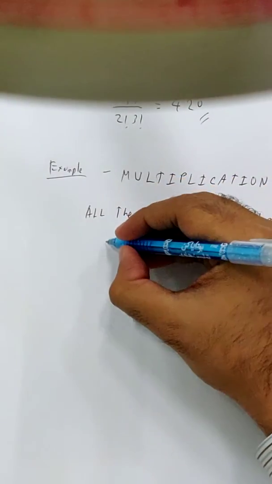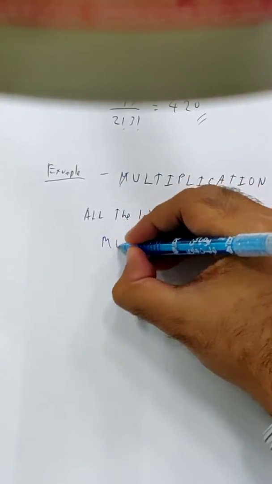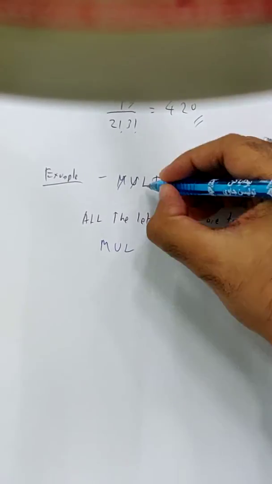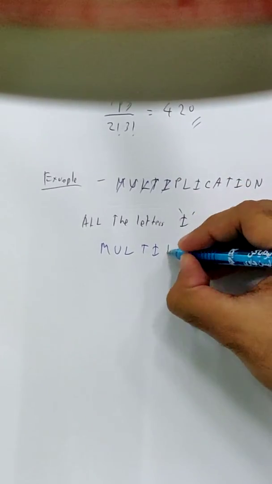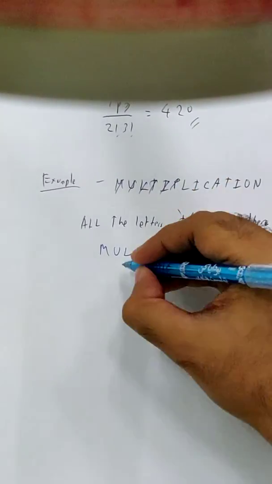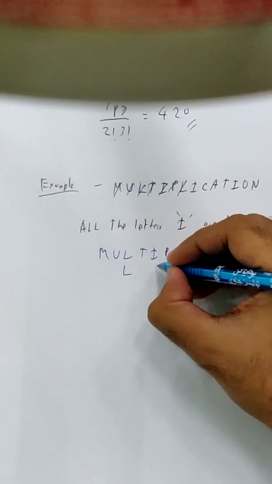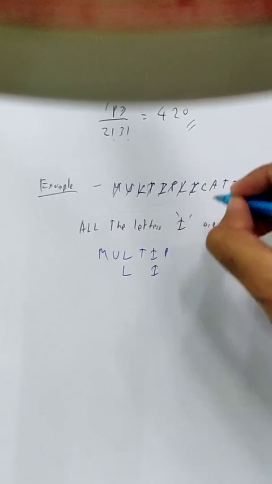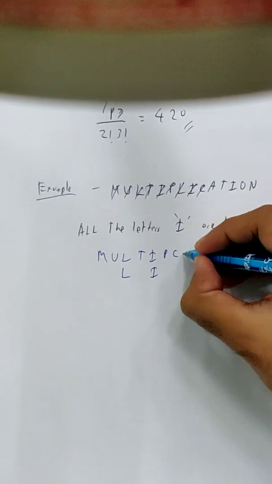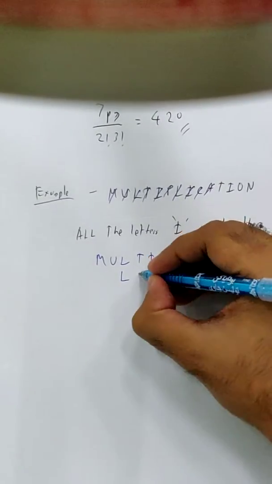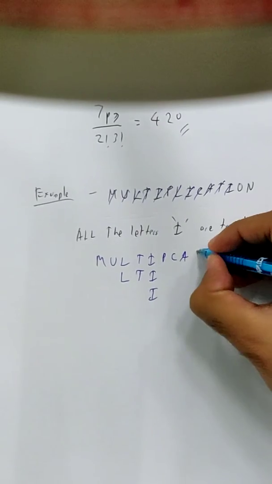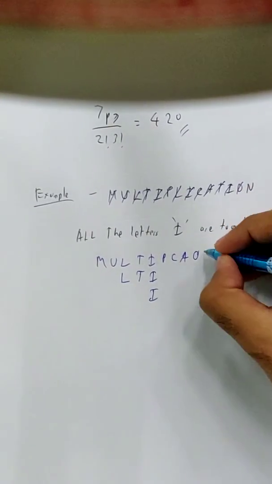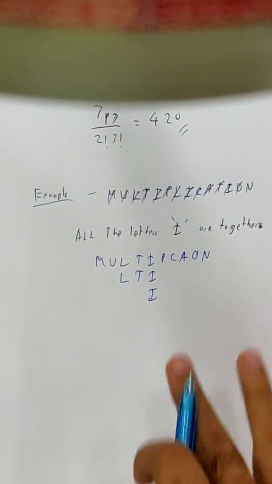Okay, so before we begin, let's write them down first. M, U, L, T, I, P, L, I, C, A, T, I, O, N. Okay, so we have done all of this.